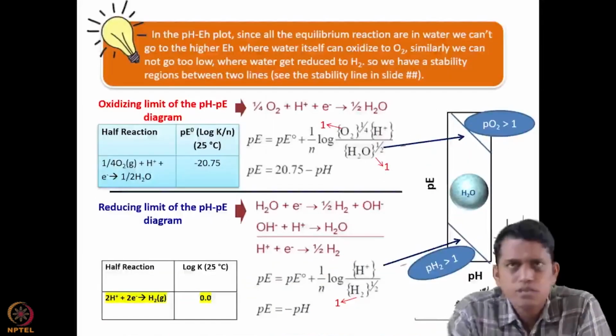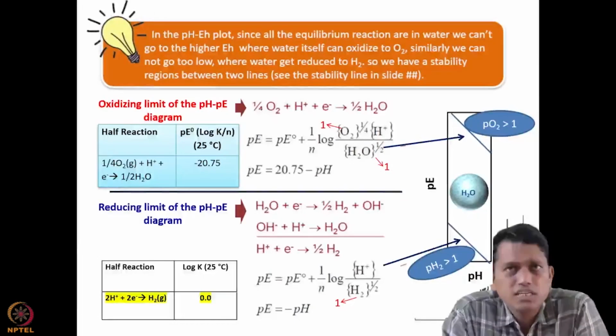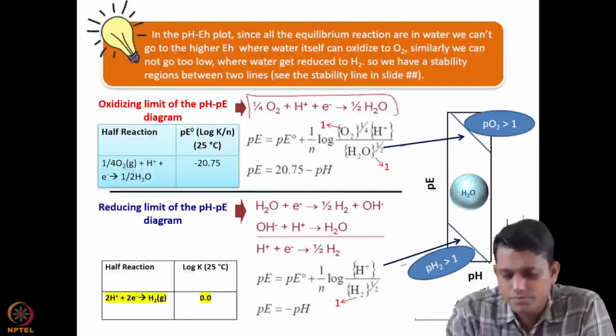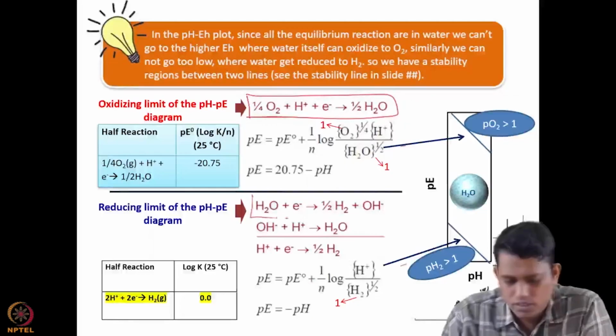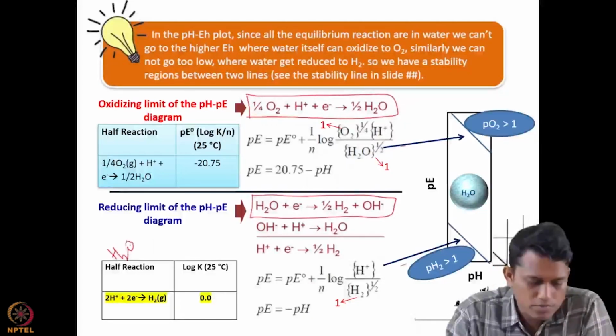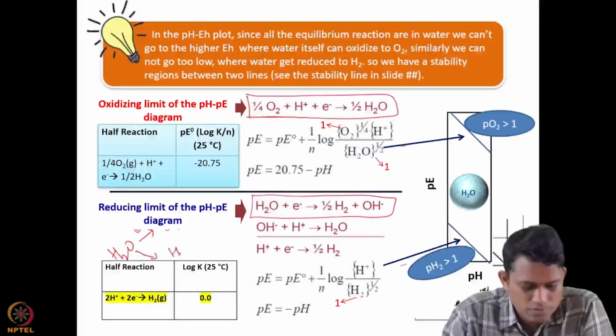We have also seen what the boundary conditions are that exist when you are using water as a medium. These conditions arise mainly because water has both limits. It can oxidize to O2 and it can reduce to H2.